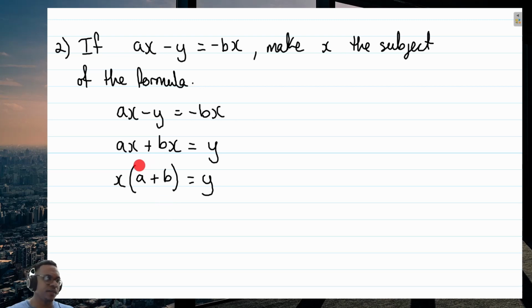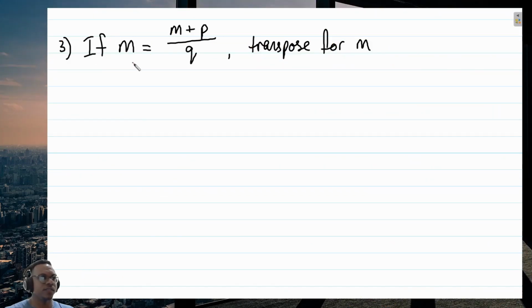So when I carry this A plus B across the equal sign to the right hand side, the operation will change to division and this A plus B will go underneath the Y. So I'll have X is equal to Y divided by A plus B. And that's your answer.